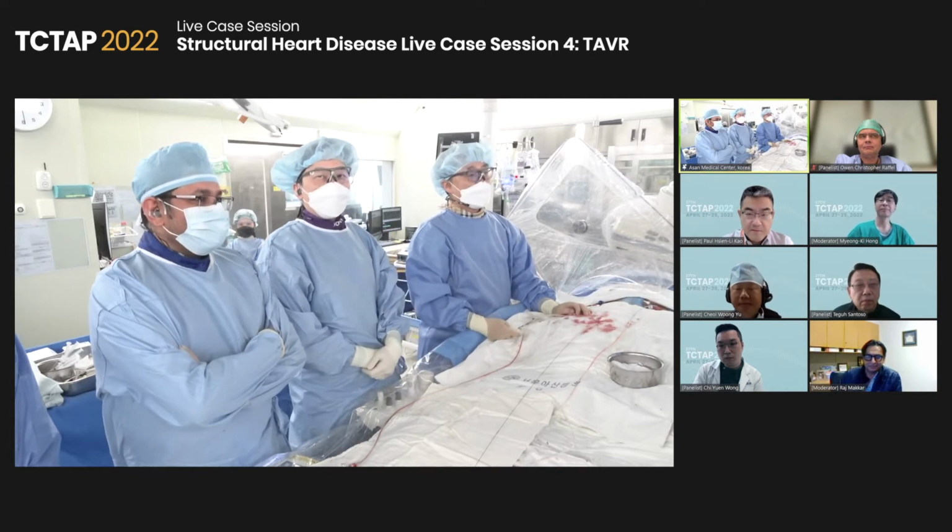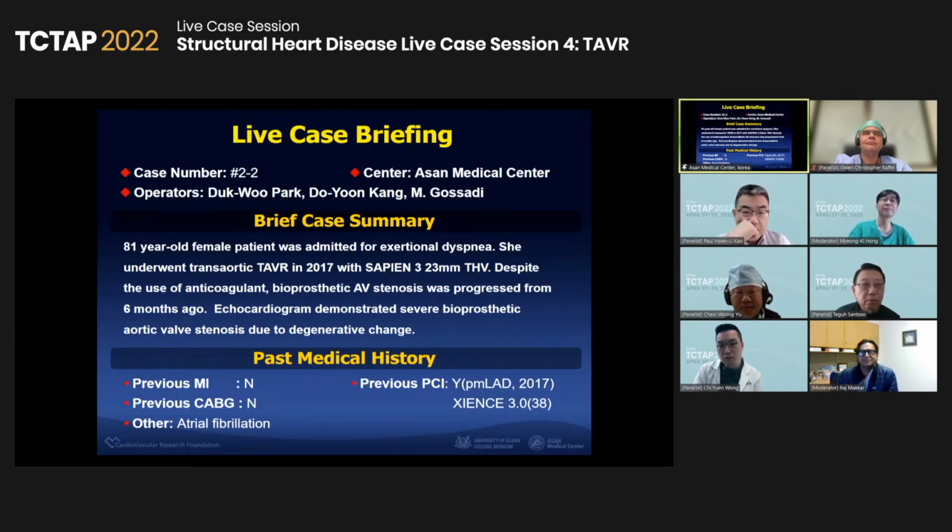Yes, the patient is an 81-year-old female admitted for exertional dyspnea. She underwent transaortic TAVR in 2017 with a Sapien 3 23mm valve.